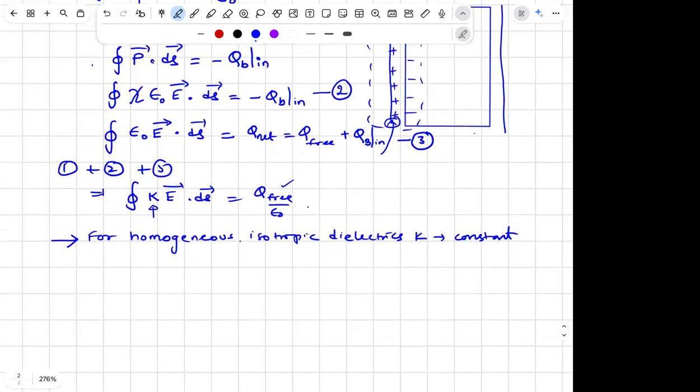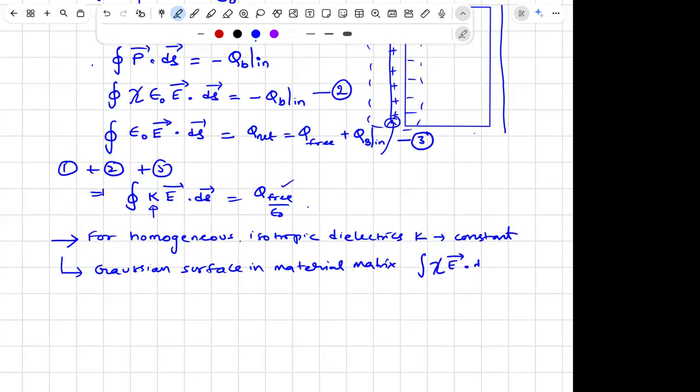Okay. When you are applying a Gaussian surface in a material matrix, meaning some portion is in dielectric and the left-hand part is in conductor, in this case susceptibility is zero.